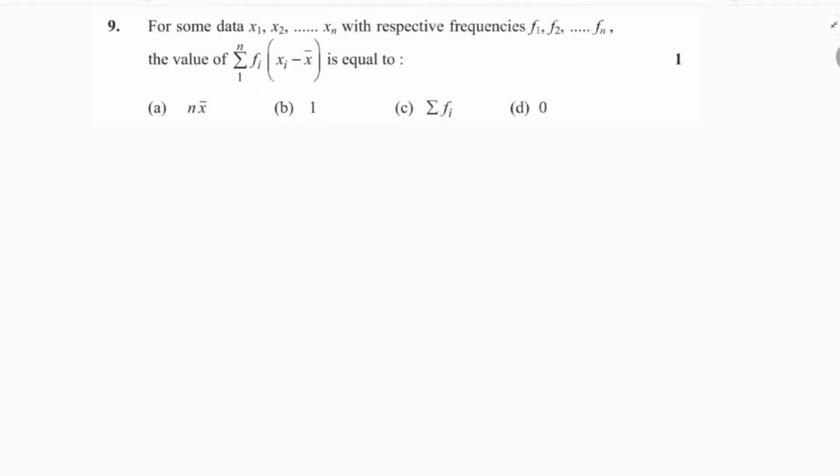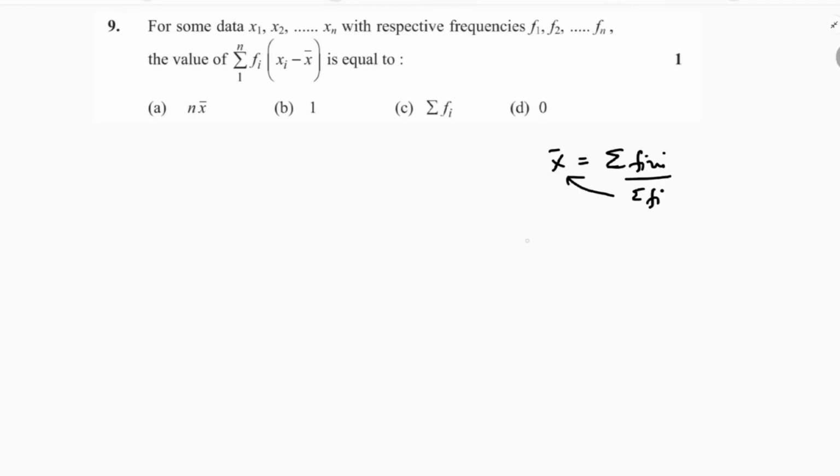For some data x1, x2, so on xn with respective frequencies f1, f2, so on fn, the value of sigma i equals 1 to n fi times xi minus x bar is equal to. So you can get this expression if you write the mean formula for grouped data, summation of fi xi by sigma fi.